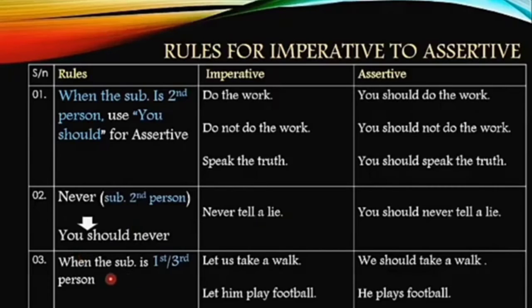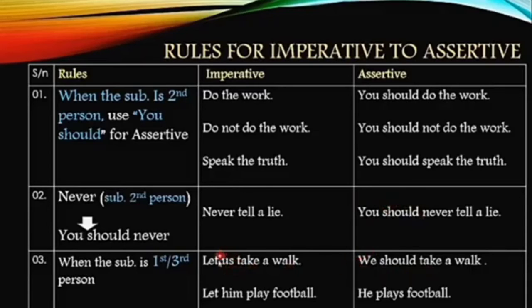Rule number 3, when the subject is first person or third person, how are we going to change them from imperative to assertive? Let us take a walk. Here the speaker is talking about us, which is first person plural. Then the sentence will be, we should take a walk, in assertive. Earlier you have seen that we used "you should" and here "we should".